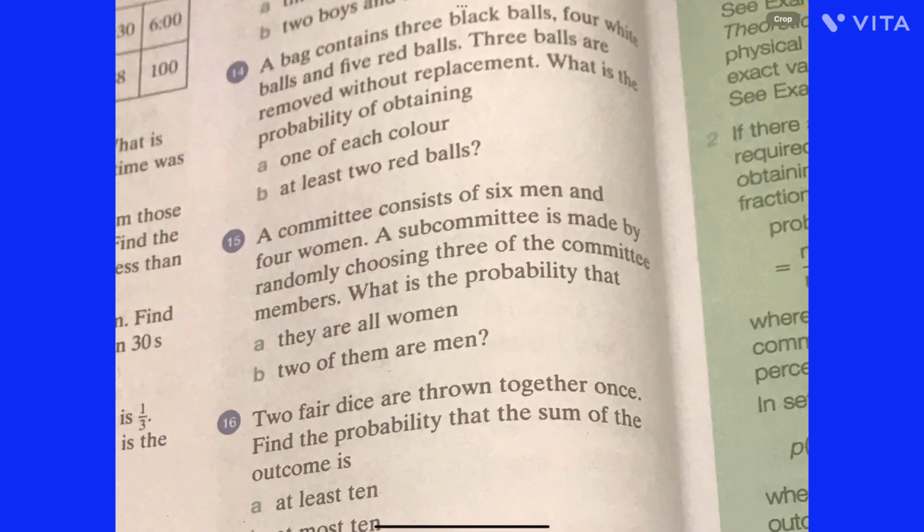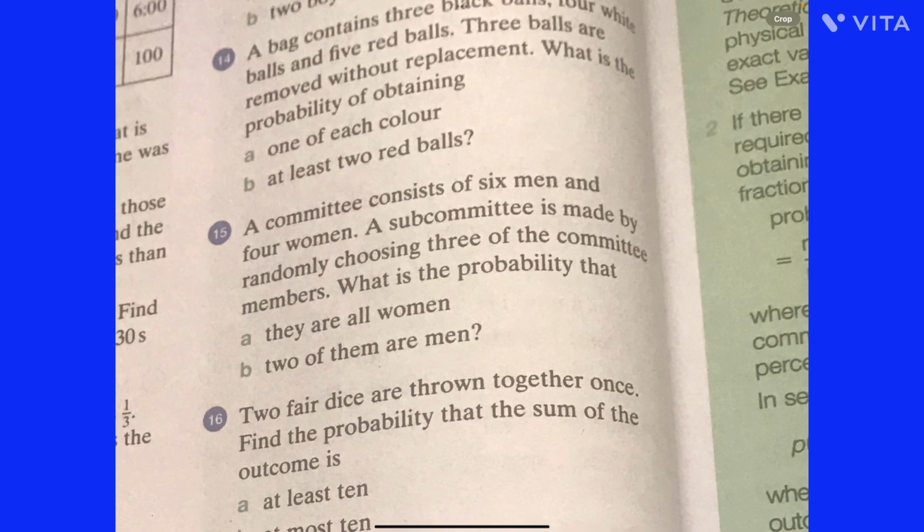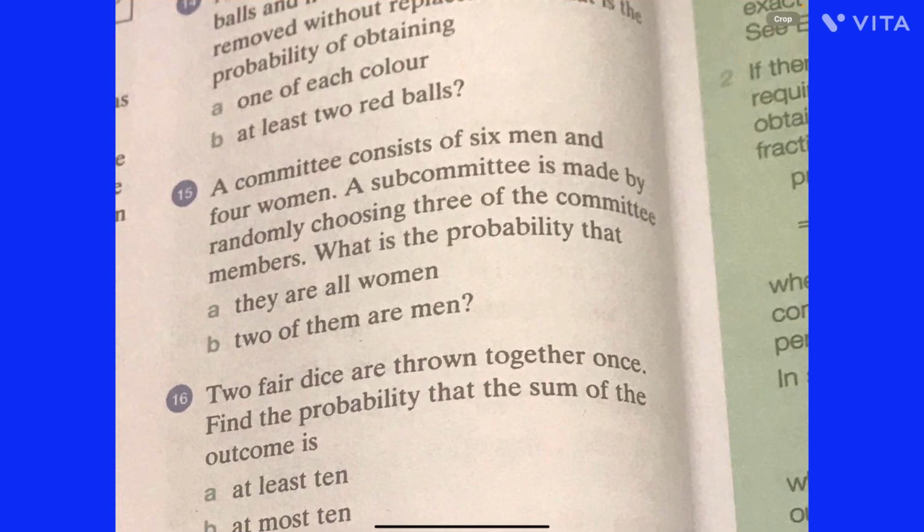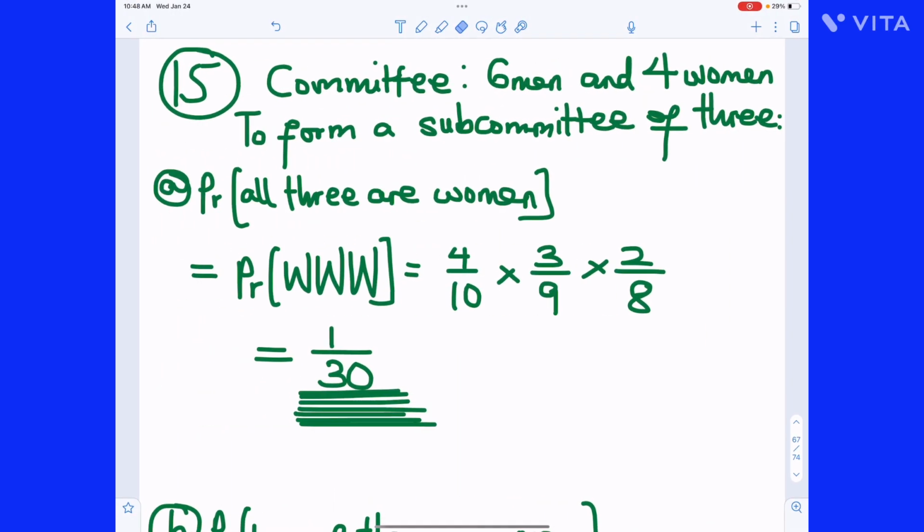A subcommittee is made by randomly choosing 3 of the committee members. What is the probability that they are all women? That's women. So that's what? Okay, that should be correct.